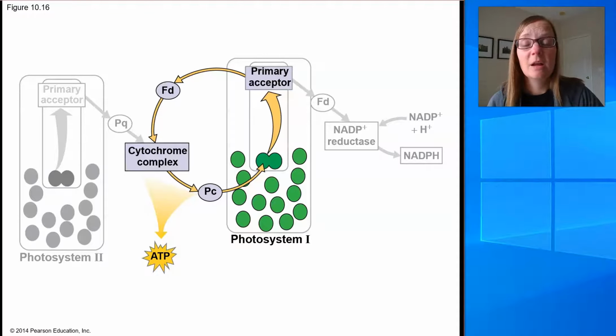On top of that, for the few eukaryotic organisms that can do cyclic electron flow, we think it might actually help with photoprotection. So when it's really bright outside and there's a lot of light, cyclic electron flow in some photosynthetic organisms might help to funnel away some of the excess energy so that the system doesn't get overwhelmed and molecules don't get damaged.